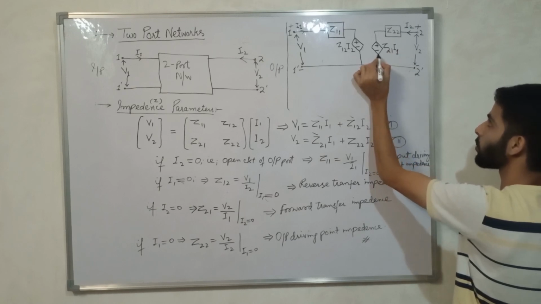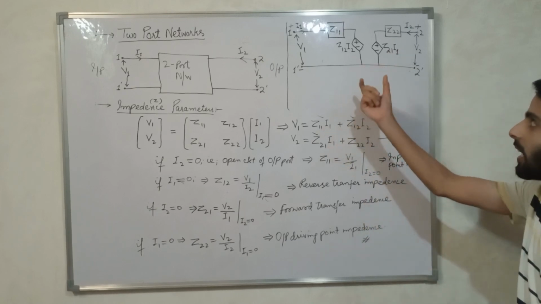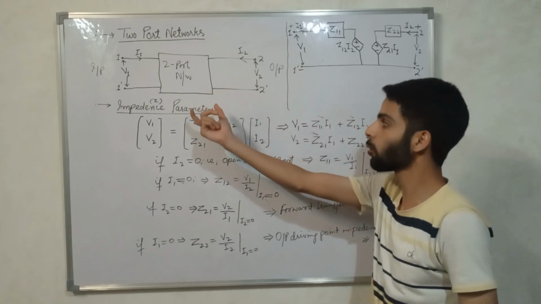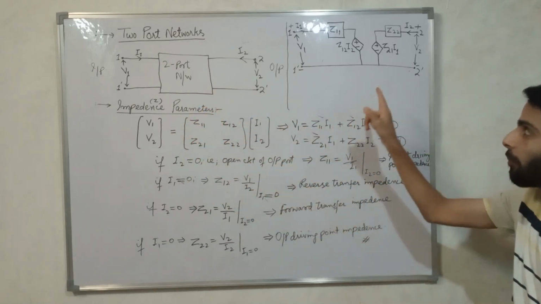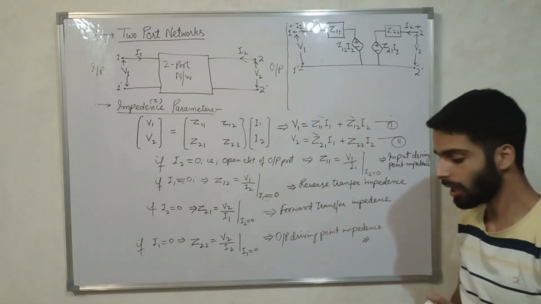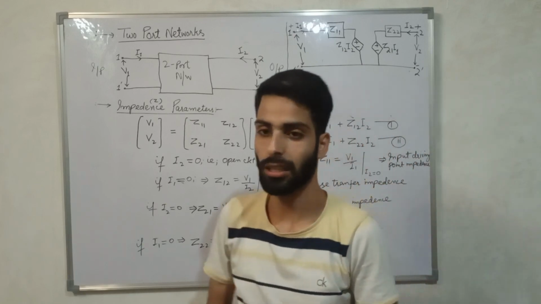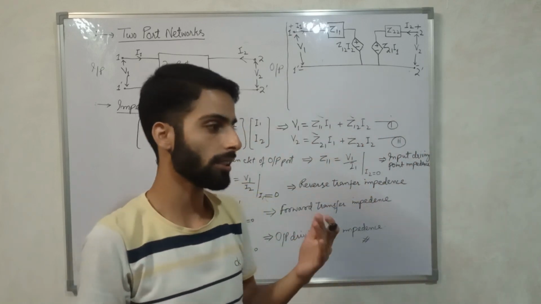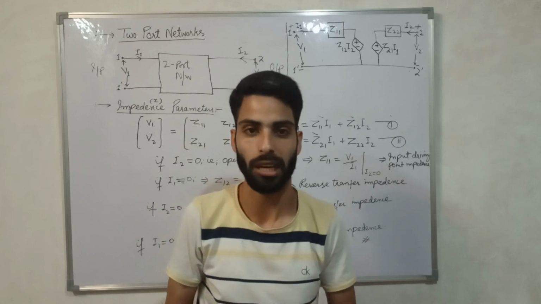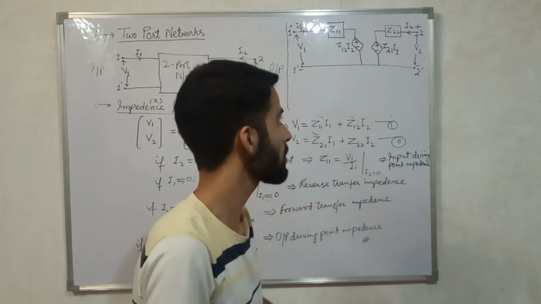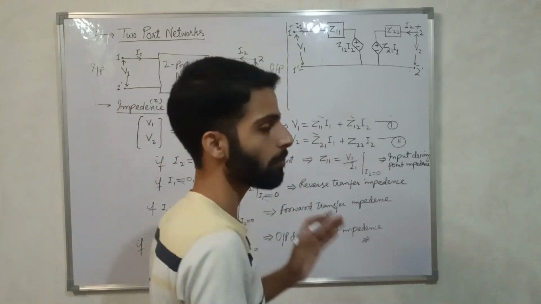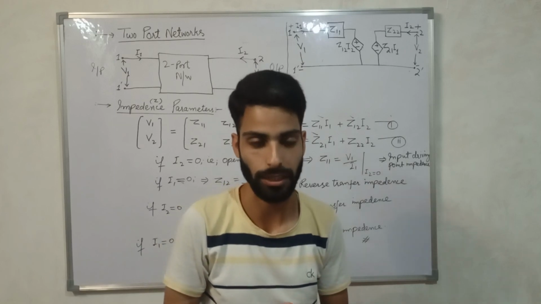This becomes the voltage source. So this is the modified form of this two-port network in the form of impedance parameters. So our impedance parameters are done. Further we shall be doing admittance parameters. What is admittance? Admittance is opposite to the impedance parameters. We shall be doing that in our next lecture. Okay, thank you.